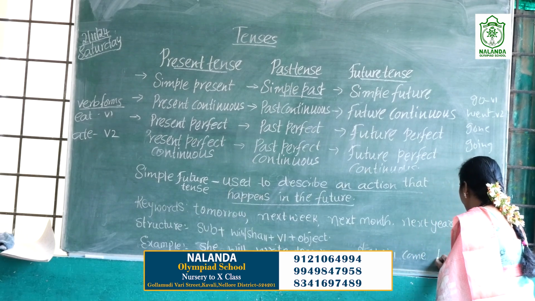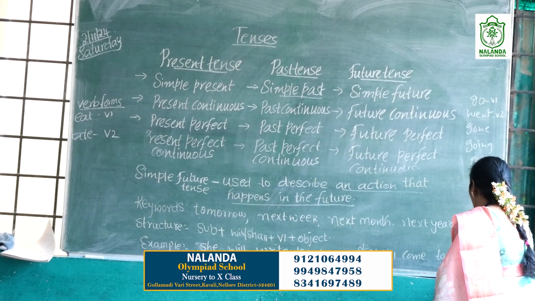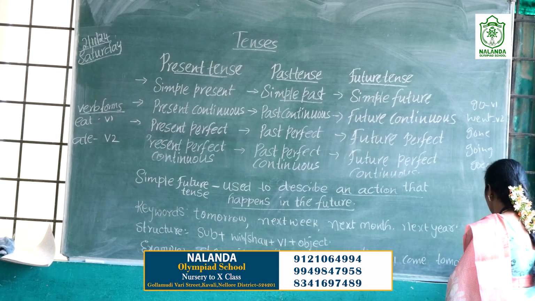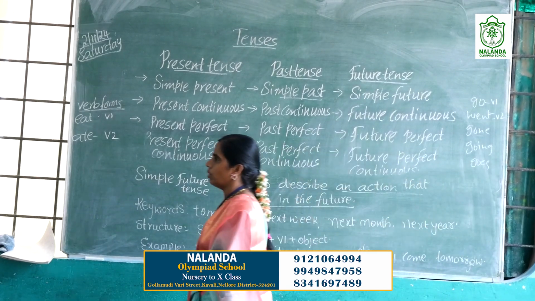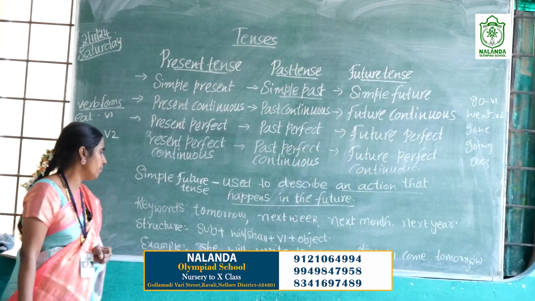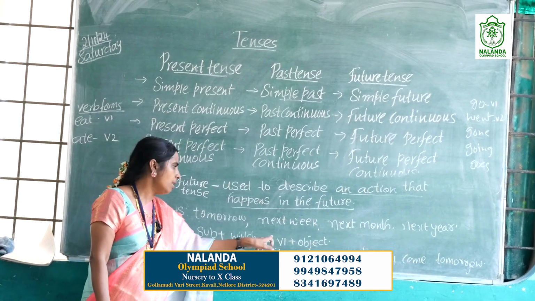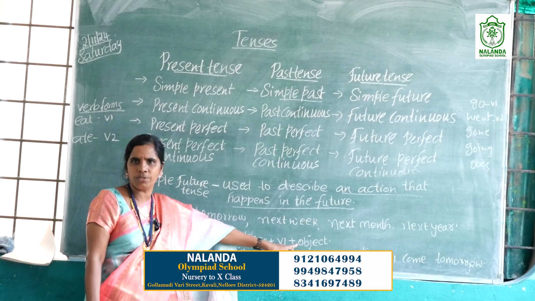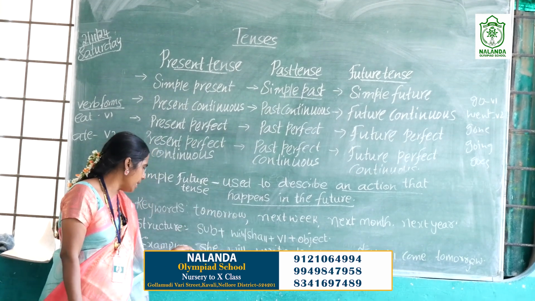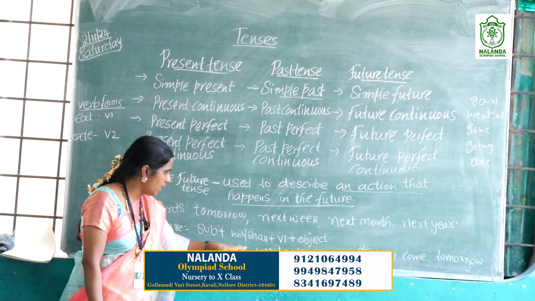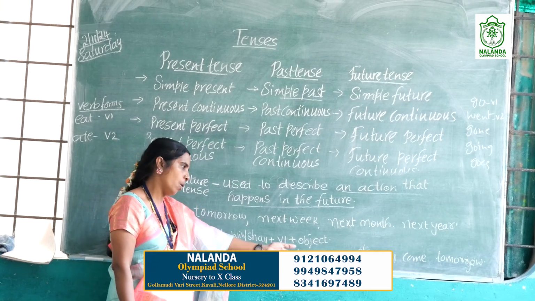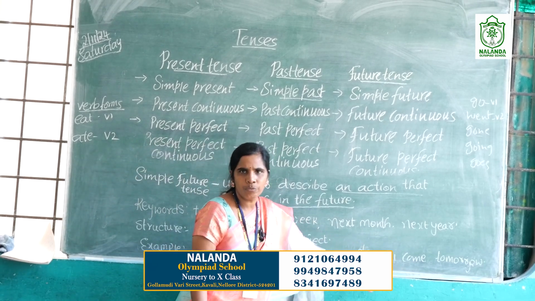She will come tomorrow. Okay, children? So in this structure, if you say subject, will, shall plus V1 plus object will be there, children. Now what is the example? She will write tomorrow, or she will come tomorrow.